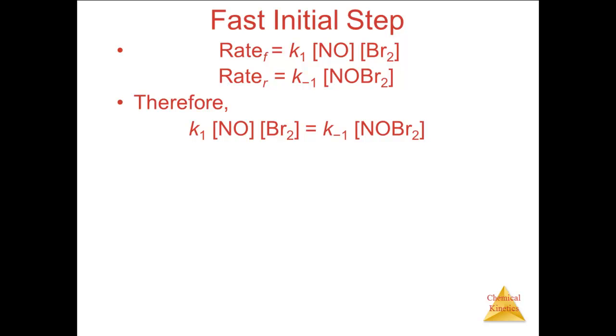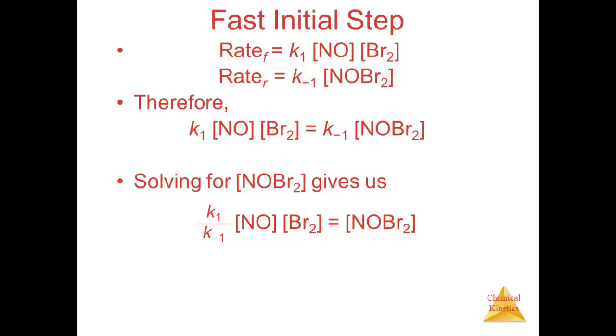Therefore, k1 times the concentration of NO times the concentration of Br2 is equal to k minus 1 times the concentration of NOBr2. If we solve for the concentration of NOBr2, we get k1 over k minus 1 times the concentration of NO times the concentration of Br2 equals the concentration of NOBr2.